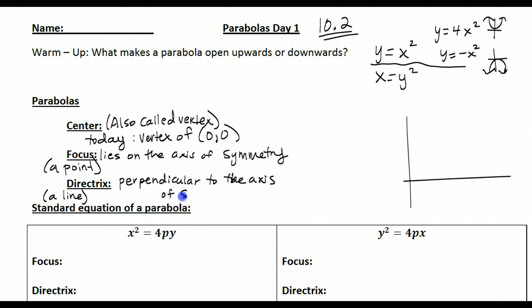So I guess before I do anything else, I need to remind you what the axis of symmetry is, in case you forgot. But again, focus lies on the axis of symmetry, and the directrix is perpendicular to the axis of symmetry. Let's suppose that I had this parabola like this. Just a quick reminder, axis of symmetry is the line I could draw through my parabola that cuts it exactly in half.